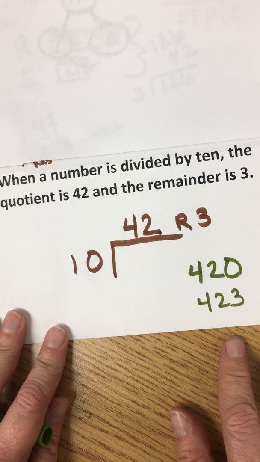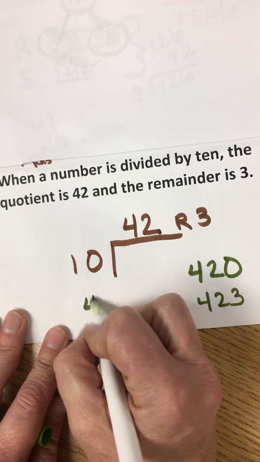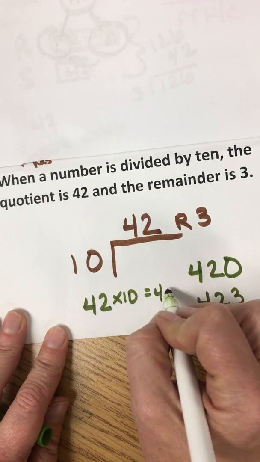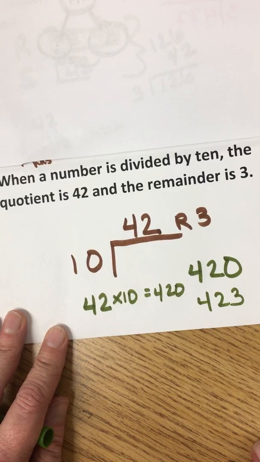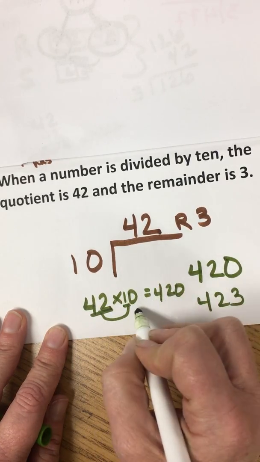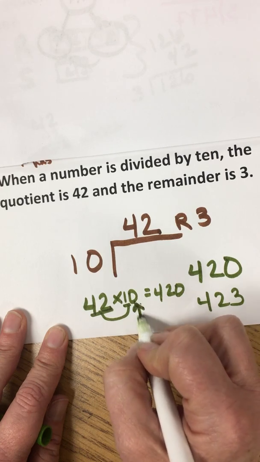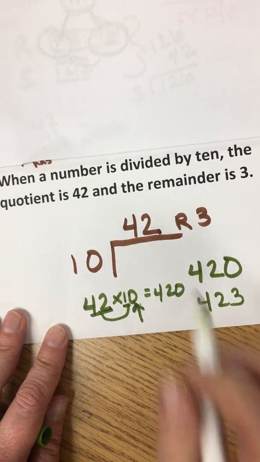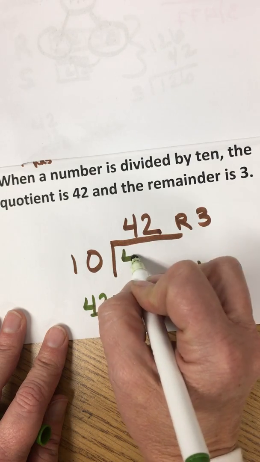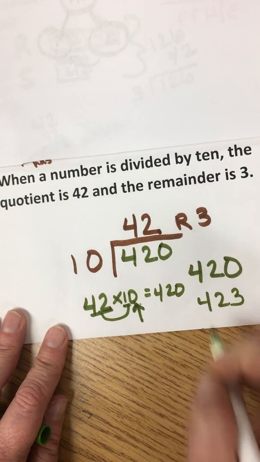I hope so. I guess I could think of it this way, as 42 times 10 is going to give me 420, right? My zero math trick, I take my whole numbers and I multiply them together. I add the remaining 0. So if I'm dividing by 10, couldn't this be 420?